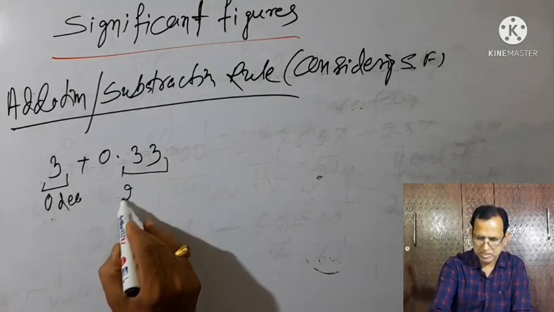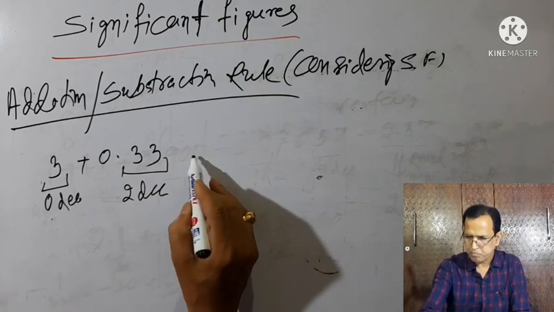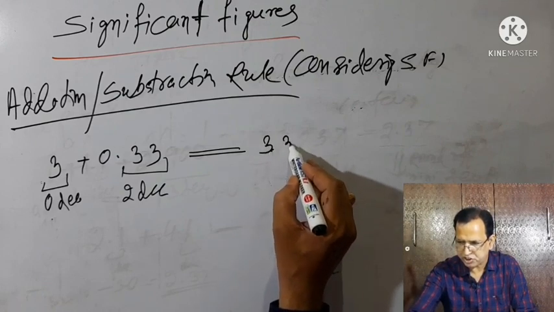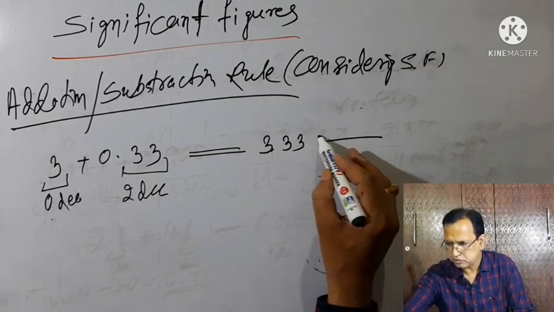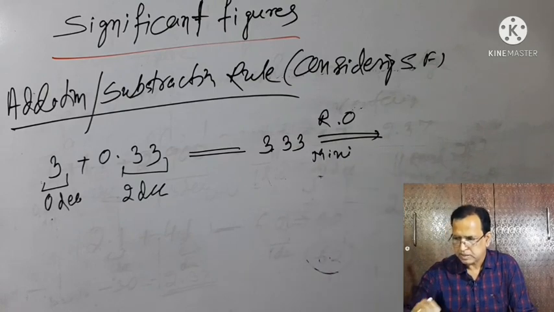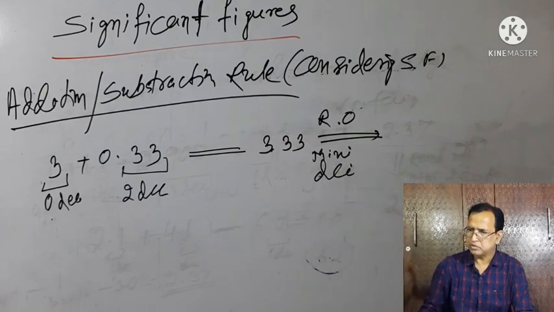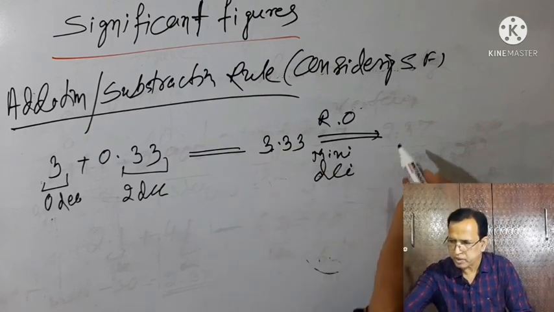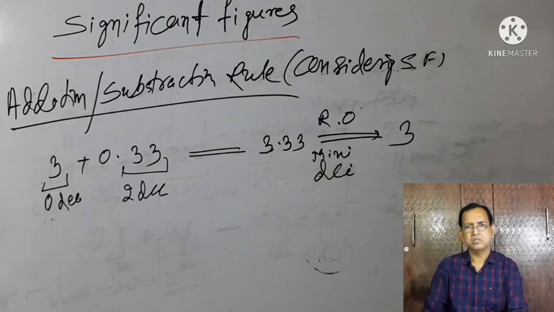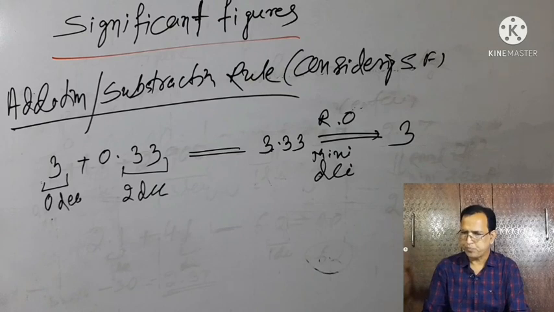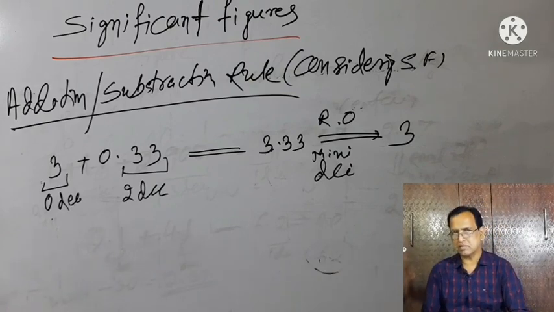Here 2 decimal places. So the normal answer is 3.33. Rounding off to the minimum decimal place, which is 0, the answer is only 3. Okay. This is for addition and subtraction. So for addition and subtraction we use the decimal place.